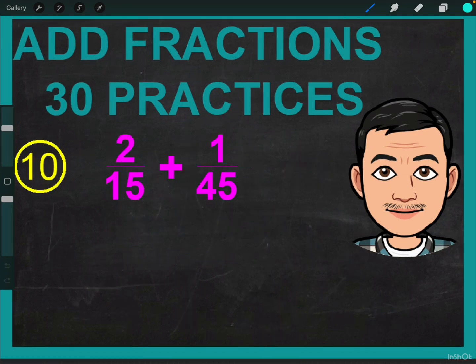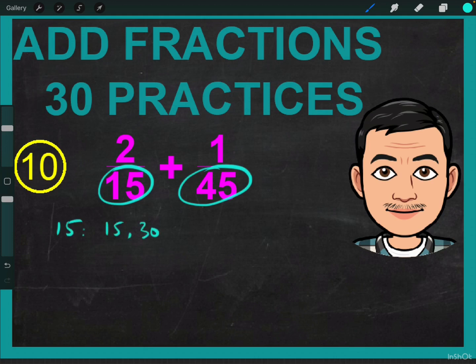Practice number 10. Two fractions have different denominators, 15 and 45. We go ahead and find the LCM: 15, 30, 45. And the second number is 45. The LCM of 15 and 45 is 45. So for the first fraction, we will multiply 3 to both denominator and numerator, 15 times 3.